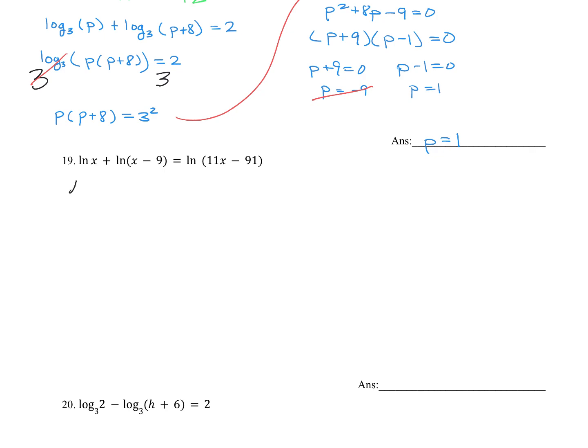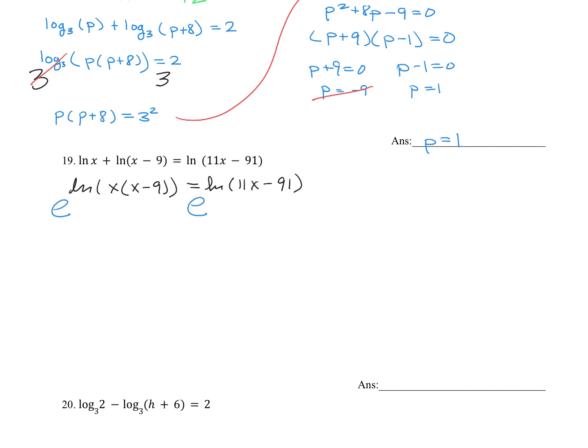Once again, natural log, that multiplication comes from the addition there. So it's x times x minus 9 equals natural log of 11x minus 91. All right, so again, the addition of the logs became multiplication inside the logarithm. I can now either equate the insides because I have the same log on both sides, or I can cancel out the natural log with its base, which we all know is base e.